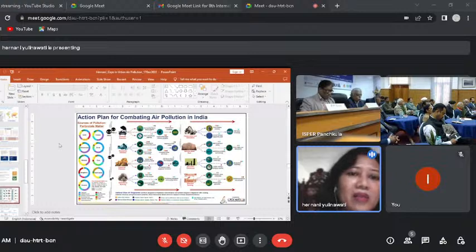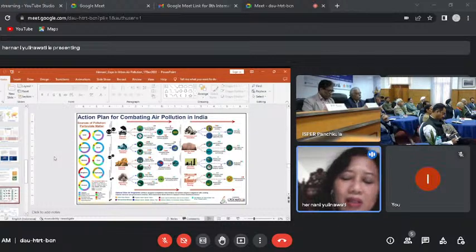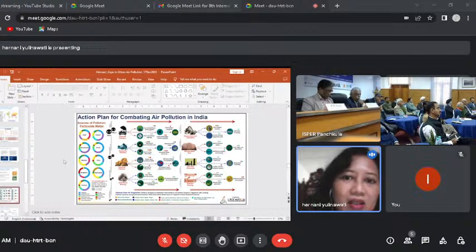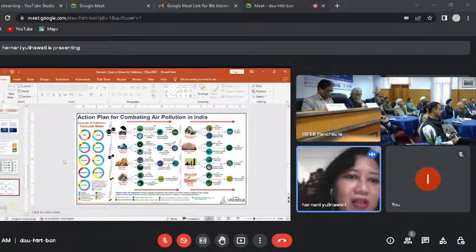And as a comparison, I saw that the action plan for combating air pollution in India is more comprehensive compared to what Indonesia has right now. So it's really good to see this kind of plan. This also includes the identification of cities that have problems with air pollution.